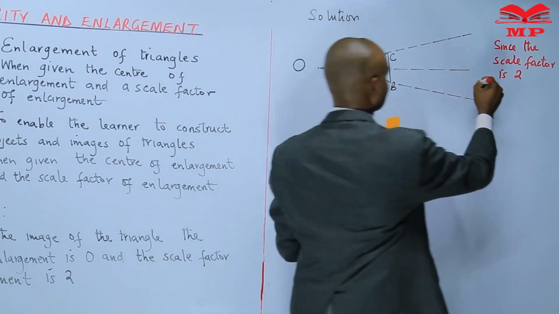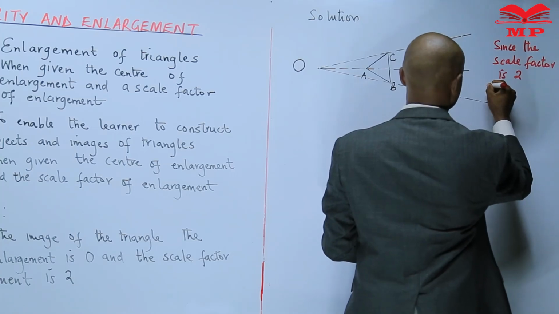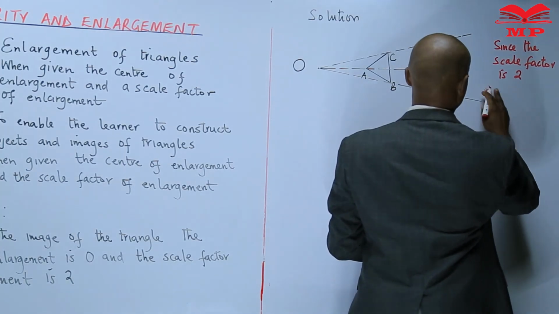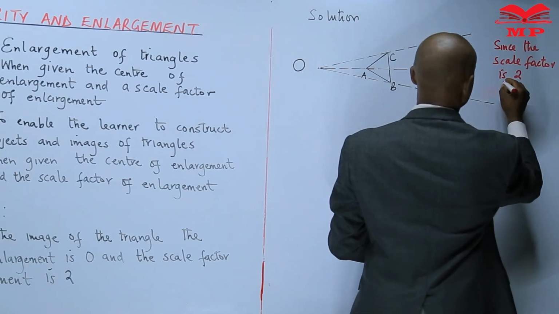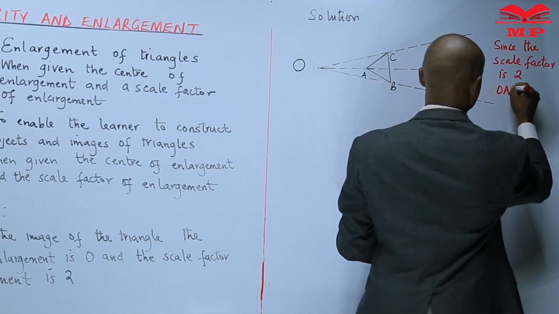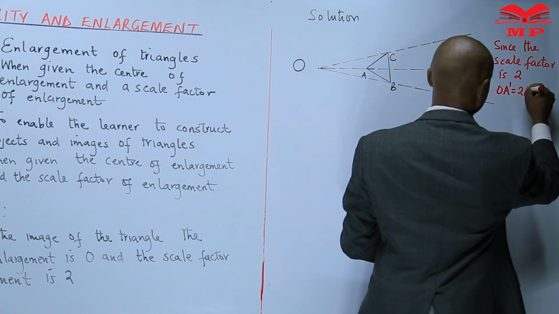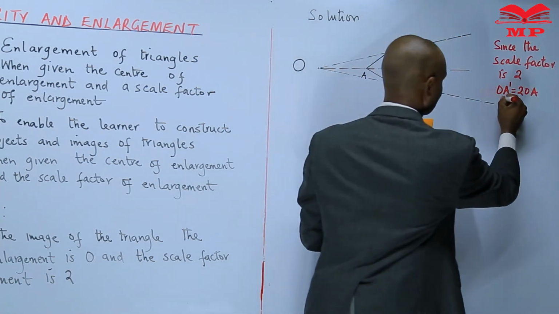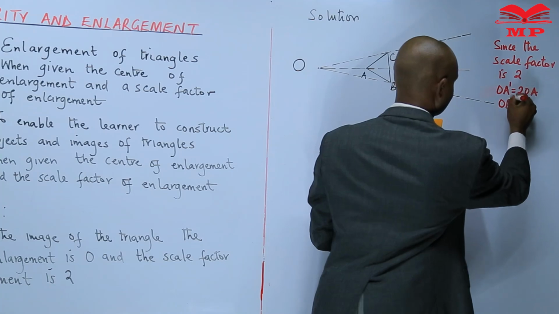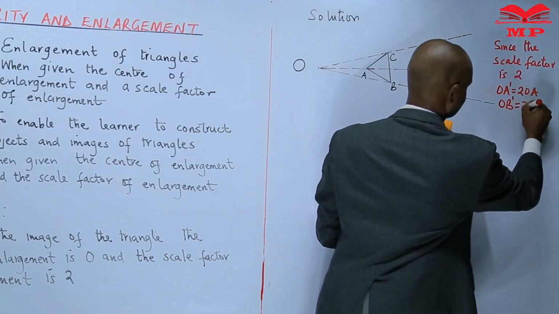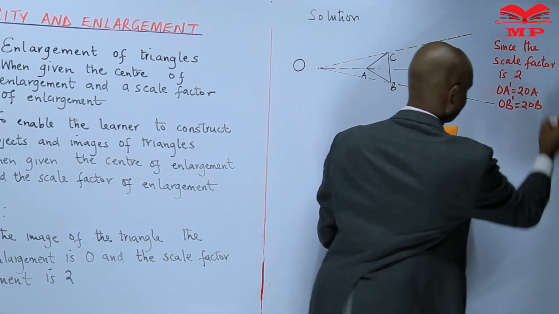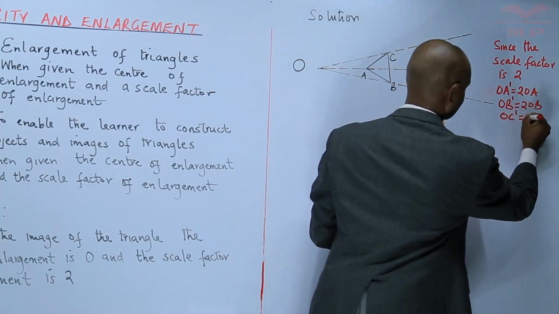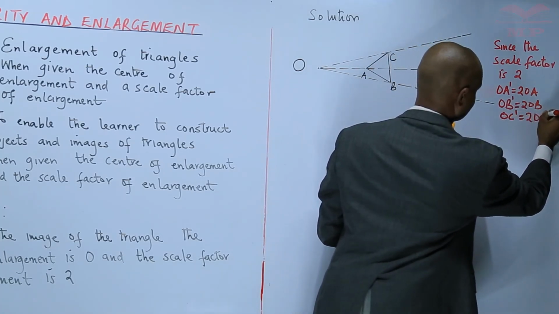So OA prime will be twice OA, OB prime will be twice OB, and OC prime will be twice OC.